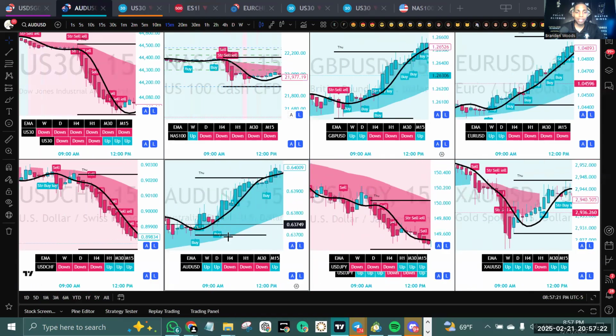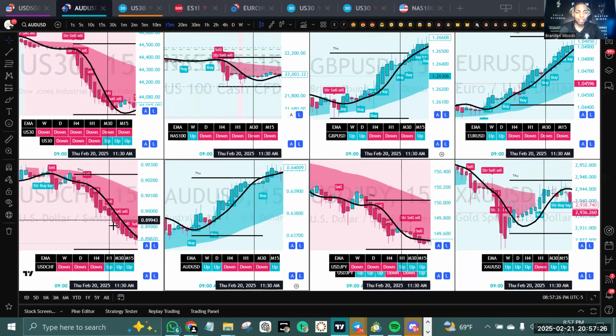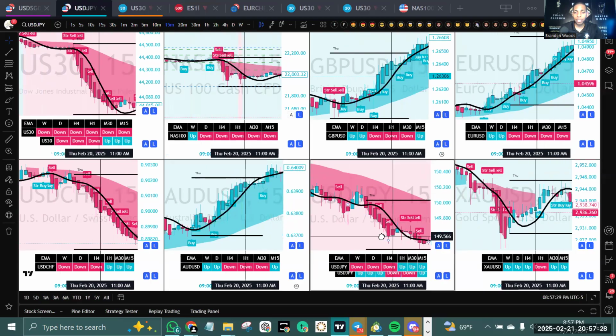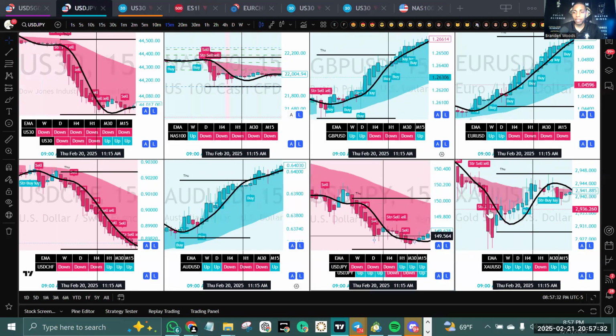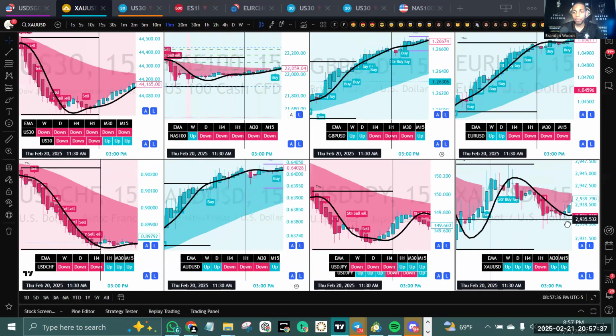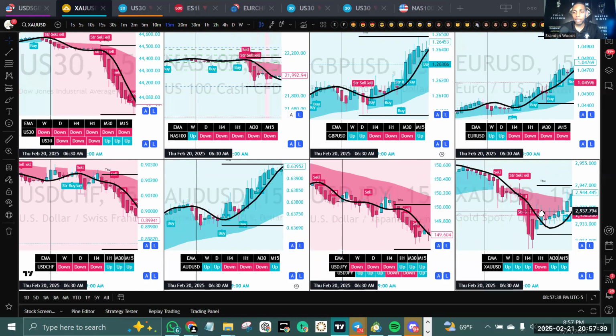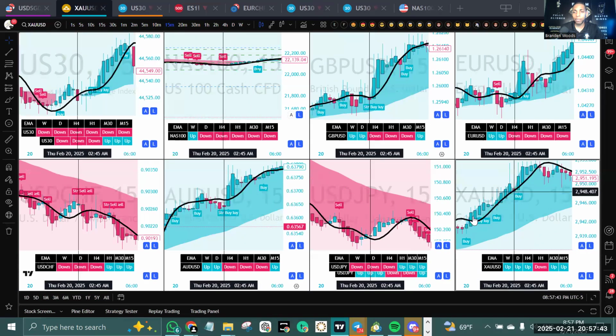AUD USD, here's your buys on the 15. USD CHF, here's all of your sells. USD JPY, here's all of your sells. Gold, here's your sells. Here's a buy in there as well. It probably did more in the Asian session, right? And as it did, absolutely.